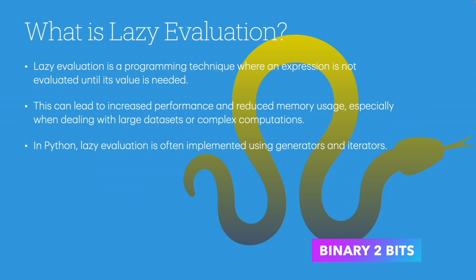That's why it's called lazy evaluation. We use it especially when dealing with large data sets or complex computations. In Python, lazy evaluation is often implemented using generators and iterators. These are the two concepts used to implement lazy evaluation.